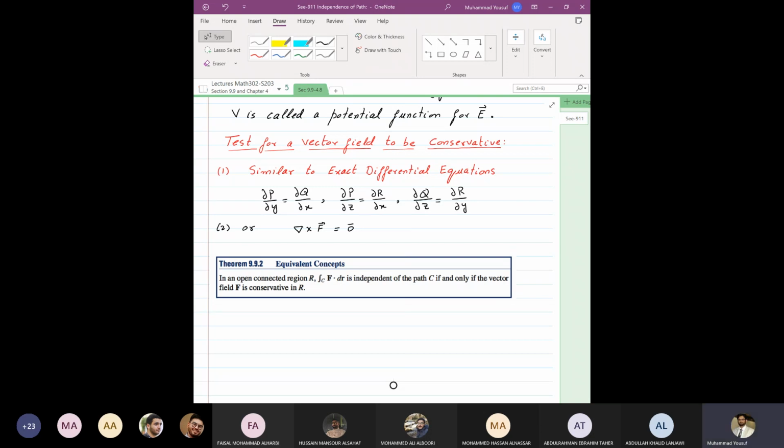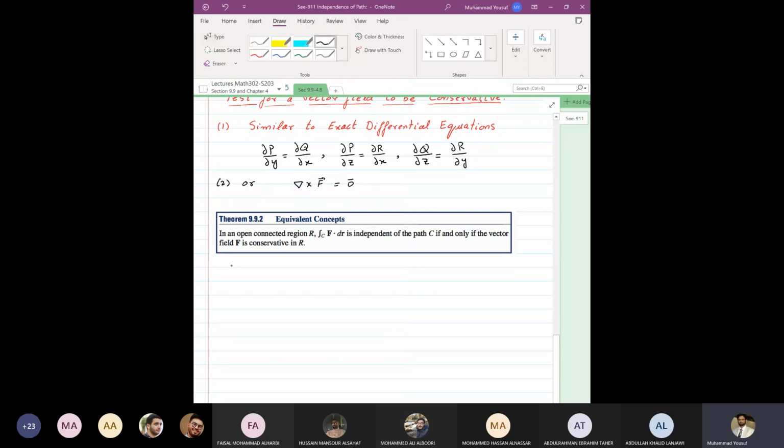With our notation, we do not say dr, we say F dot dl.